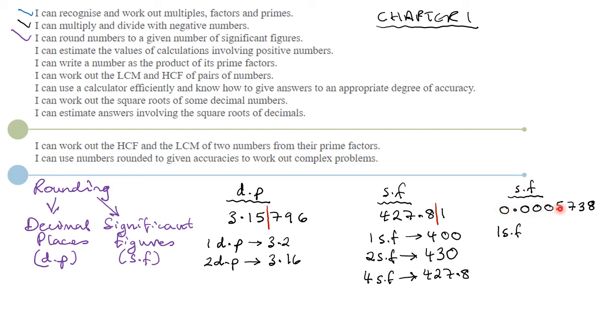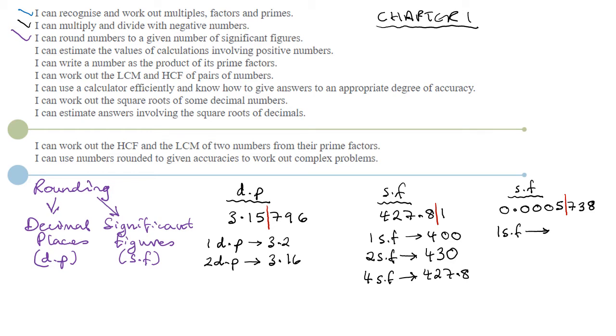You wait until you get to a non-zero digit, which is the 5, then you start counting 1, 2, 3, 4. Don't start counting from here. So you almost ignore these in a way when you start counting the significant figures. So 1 significant figure, the line is going to be after the 5 there, not right near the beginning after the 0. And then I carry on the same way.